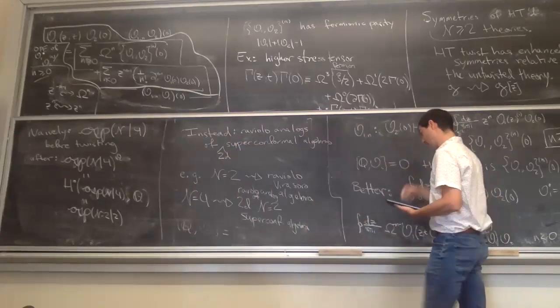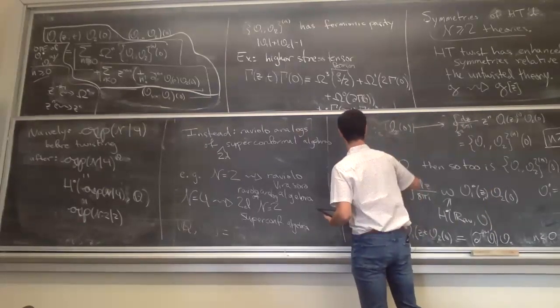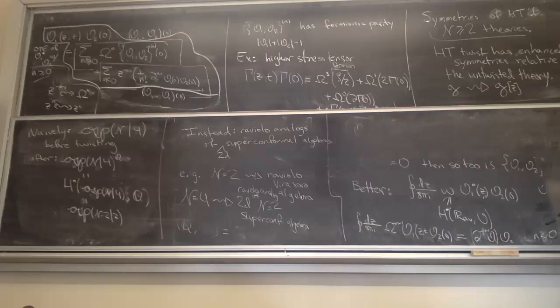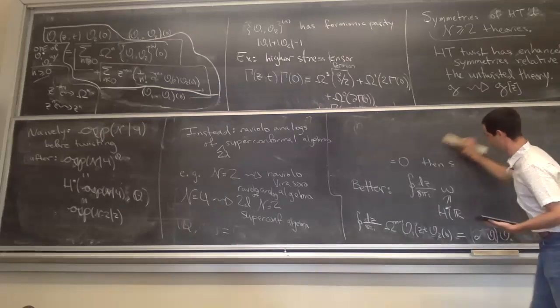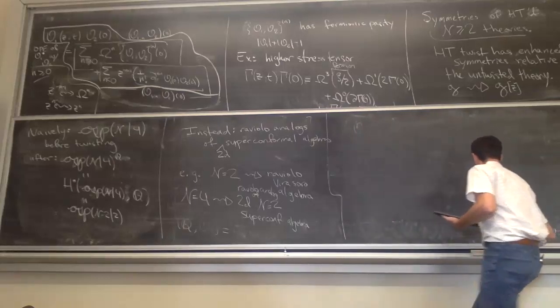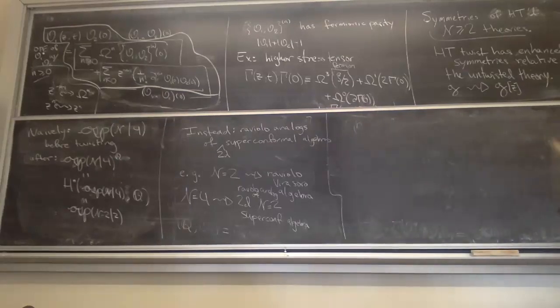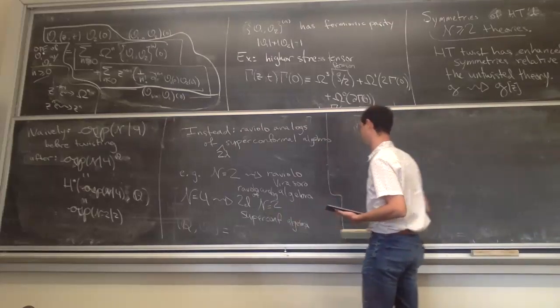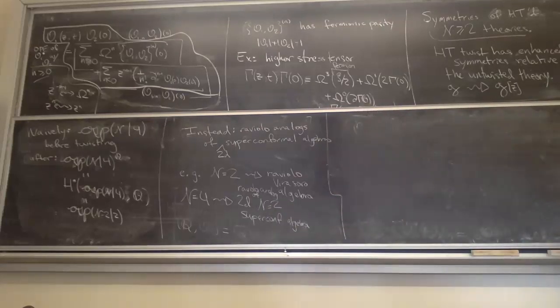So the last thing I wanted to tell you about is a way to abuse this analogy with 2D superconformal algebras to extract from a raviolo vertex algebra with this n equals 2 superconformal symmetry the Higgs and Coulomb branches of the corresponding 3D n equals 4 theory.